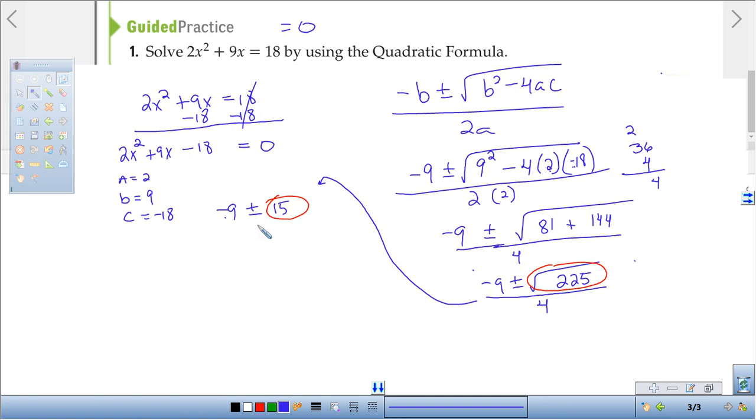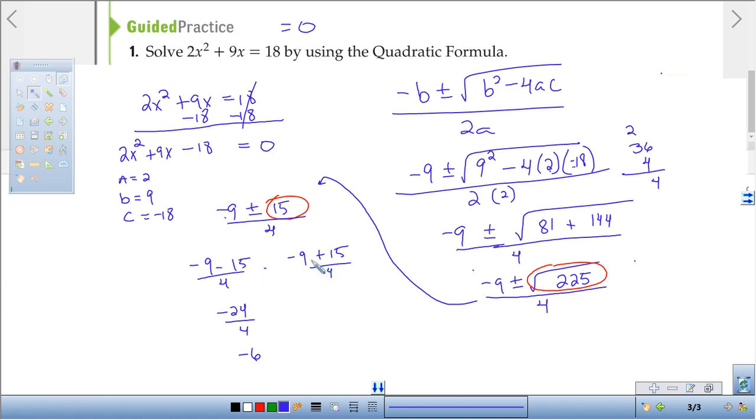Now, when I have this part, it's still all over 4. So this turns out into, the book did subtraction first, so I'll do what the book did. Minus 15 over 4, and we have a negative 9 plus 15 over 4. These right here give me a negative 24 over 4, negative 6.